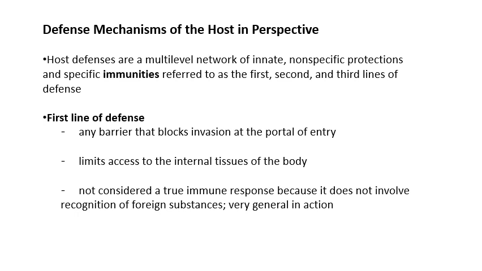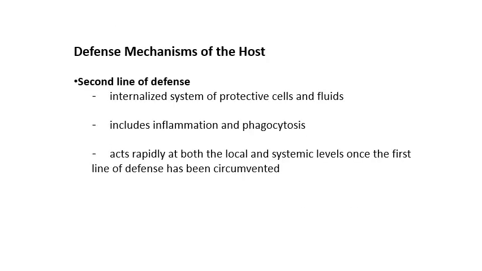All right. So looking at these different lines of defense, again, first line of defense is innate. This is external barriers to entry, so we're just blocking things from entering into the body. Second line of defense is internal innate barriers.